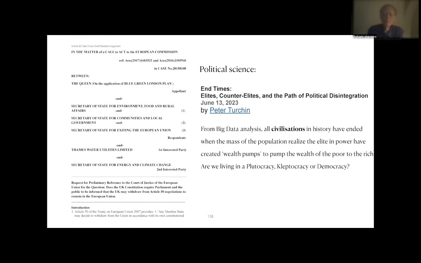So that produced the act. Theresa May questioned the court and went back to appeal and had to be told again that she didn't have the power and had to make an act.